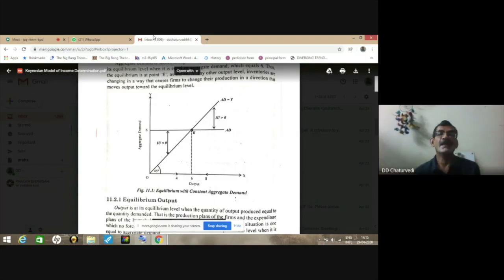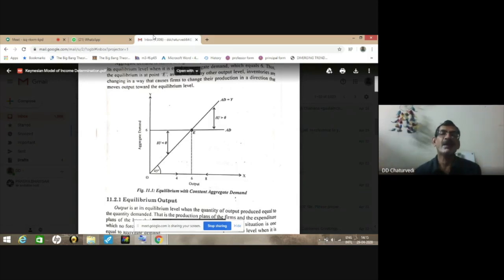That means any level of output which is below equilibrium point, there is more demand and less production. So when there is more demand and less production, we can say the inventories are running down. That is why we say unplanned inventories is less than zero or it is negative.